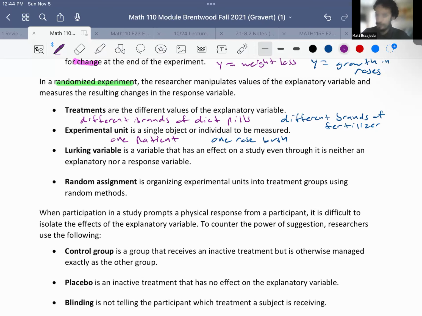So in terms of this diet pill, weight loss experiment, it could be certain foods or it could be genetics, or it could be your mental health affecting some chemistry in your body. Okay, and then for our rosebush growth experiment, it could be your weather. Maybe it's raining, or maybe it's not raining, maybe it's really sunny, maybe it's cloudy. It could be where you place the plant, plant placement.